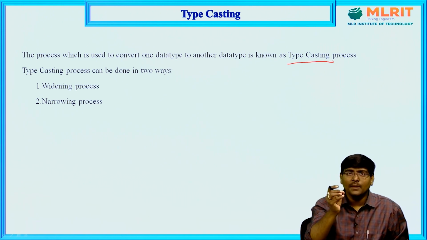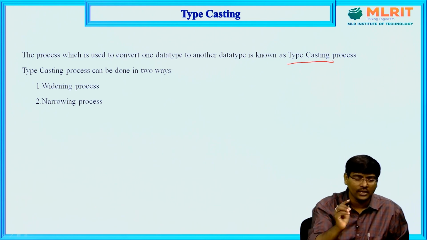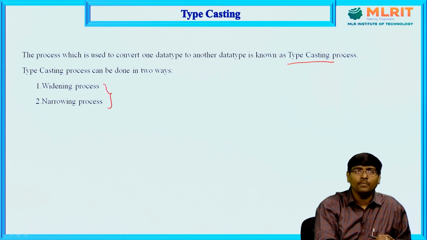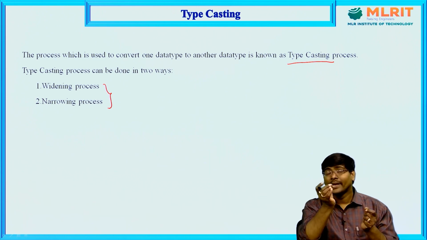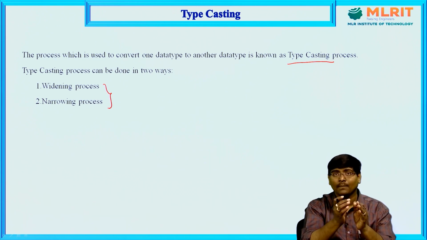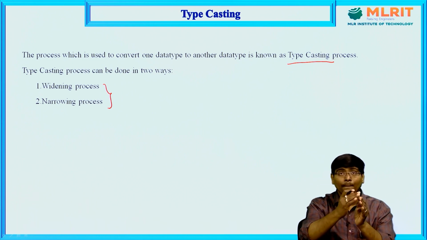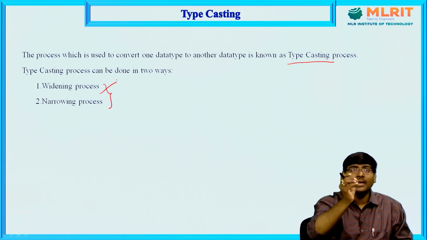This type conversion or typecasting is performed in two ways. One is widening conversion. Second one is narrowing conversion. Remember, widening means expanding. Narrowing means compressing.